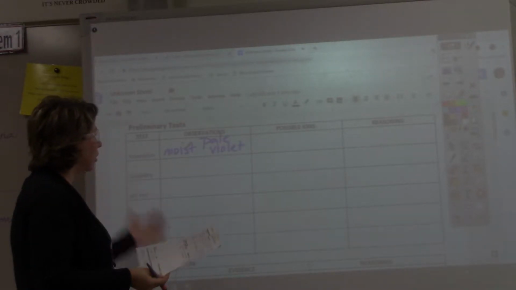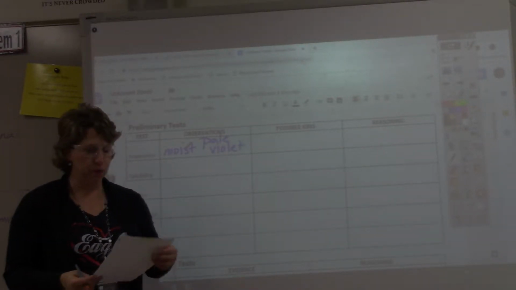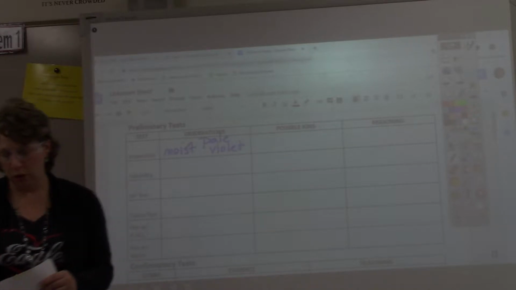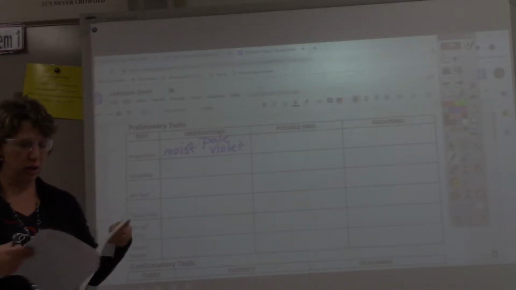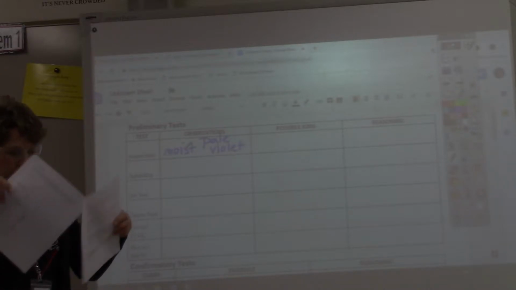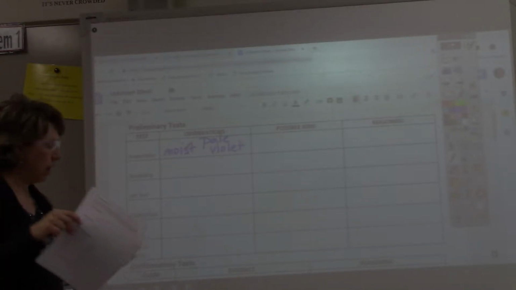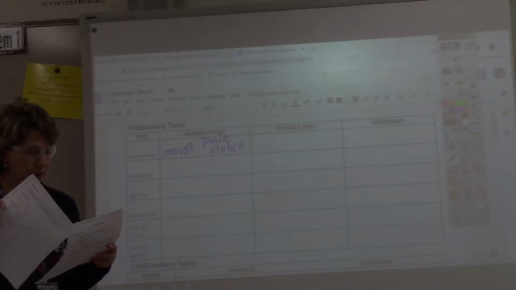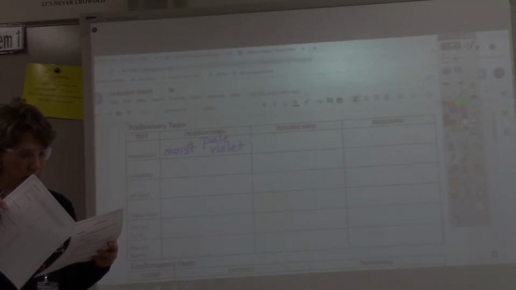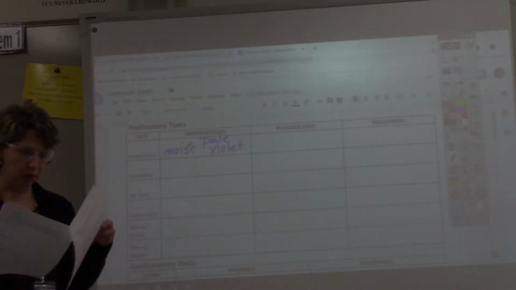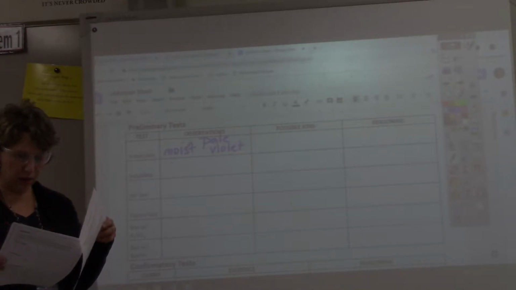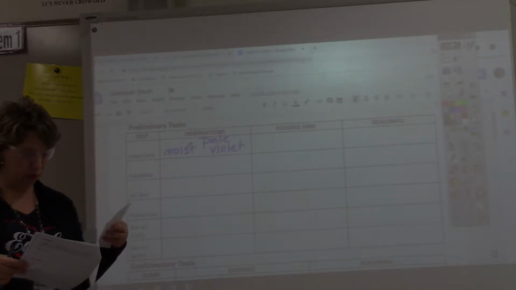So at this point, I'm looking for anything that would be a possible ion. As I look through my information, if I go to the cation section and look at my ions, mine kind of has a pale violet, so I'm looking for anything that says it could potentially be a colored compound. And as I look at this, I notice that iron can be colored, copper could be colored, and I also notice that nickel could be colored.